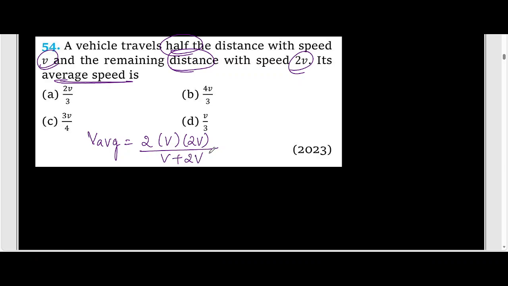You might have been habituated with the formula, right? So I'm directly substituting the data. So it is 4v square upon 3v. What gets cancelled here? V and V cancel. So you'll get 4v upon 3. So answer is option B.